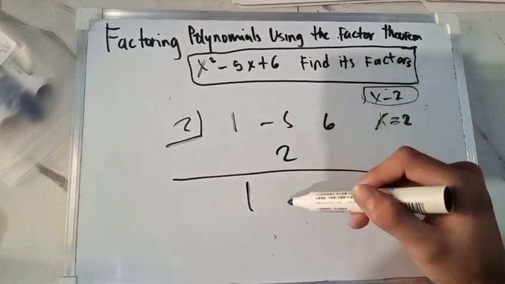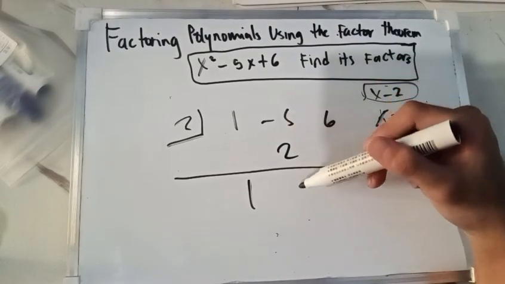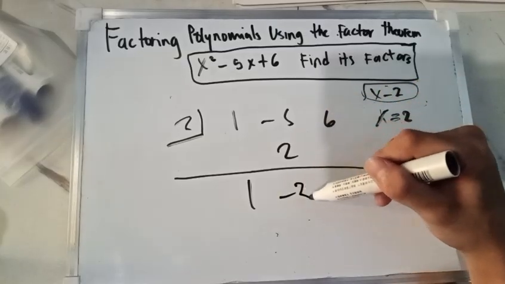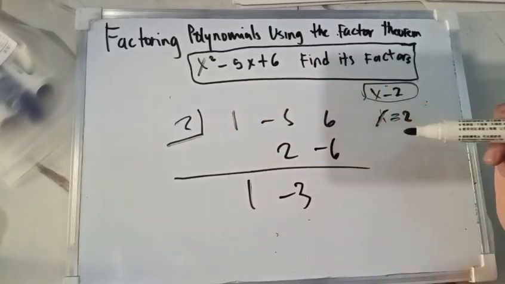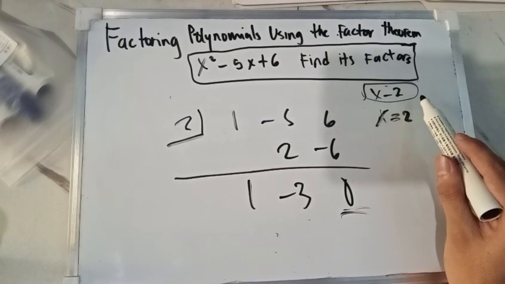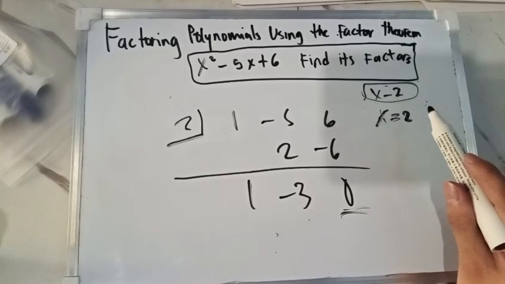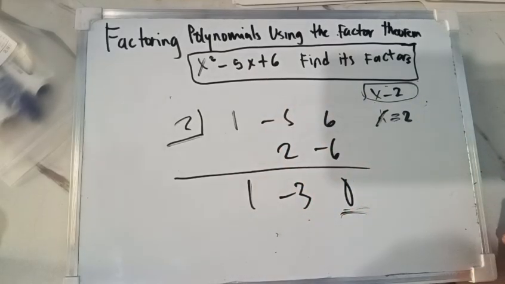Then add, that is negative 3, times 2, that is negative 6, and 0. So we should get a value of 0 since x minus 2 is a factor of the polynomial.